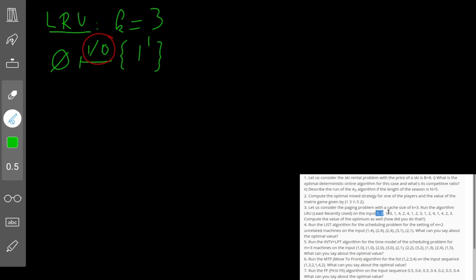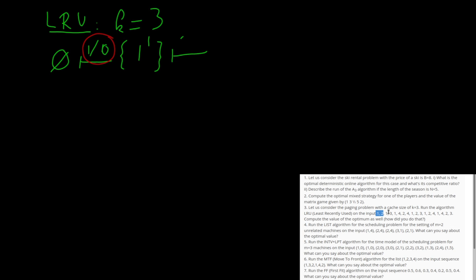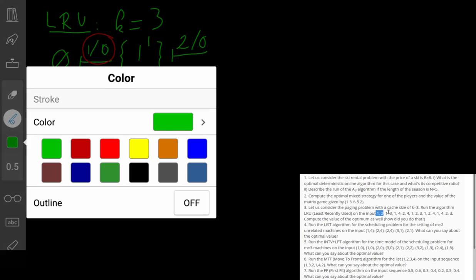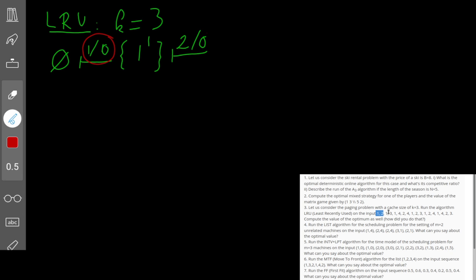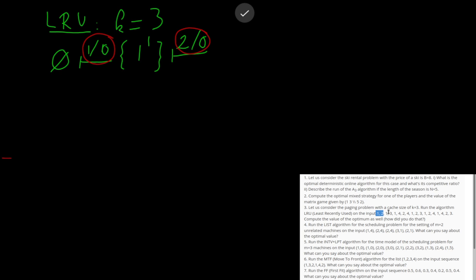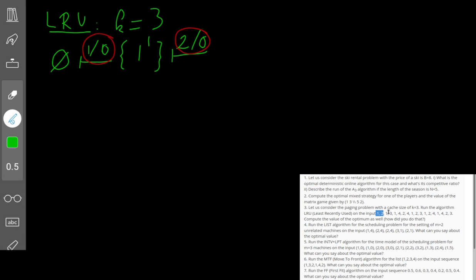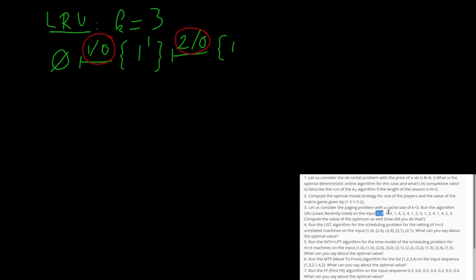And then comes the second input, which is a 2. Since you have space in the cache, you don't have to discard anything, but since you have to move this into the cache, this operation also has some cost. In this case, you also write down the timestamp, so it's the second time.